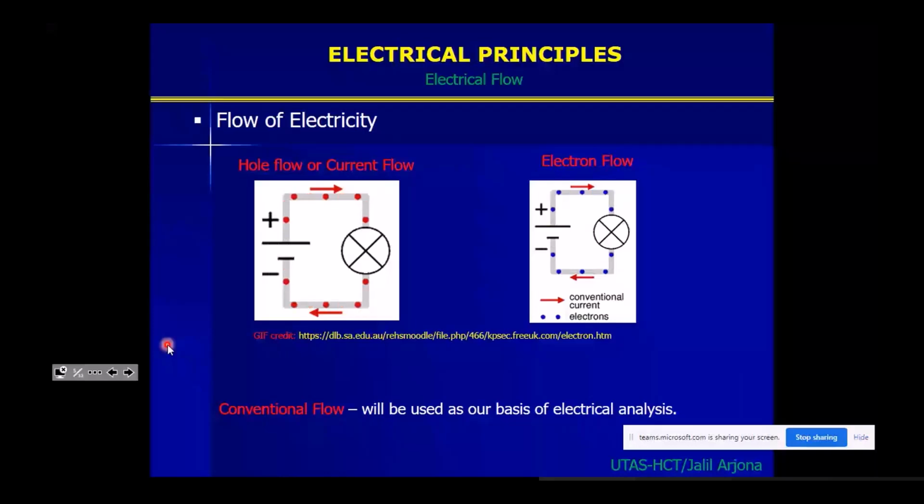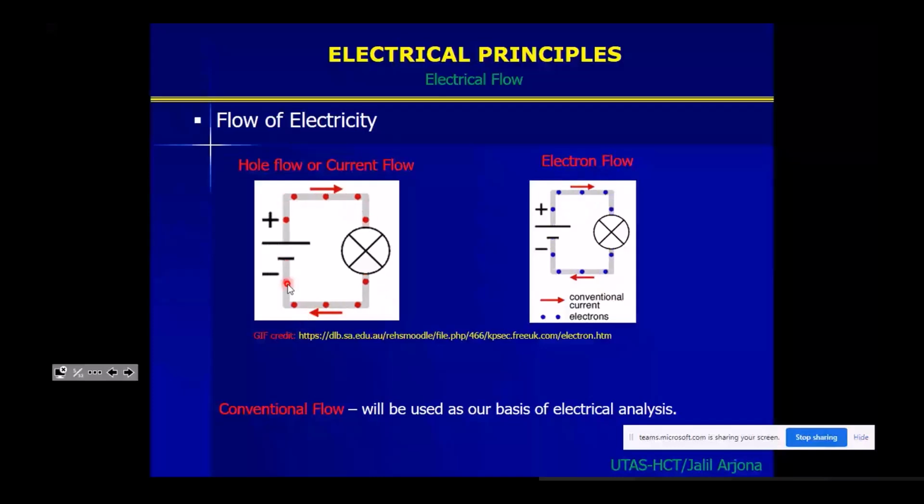On the next slide, it demonstrates the hole flow and the current flow, I mean electron flow. Look carefully at the direction of the hole flow. Can you see the animation of the hole flow, everyone? Yes, okay. These movements are the holes, the movement of the holes.